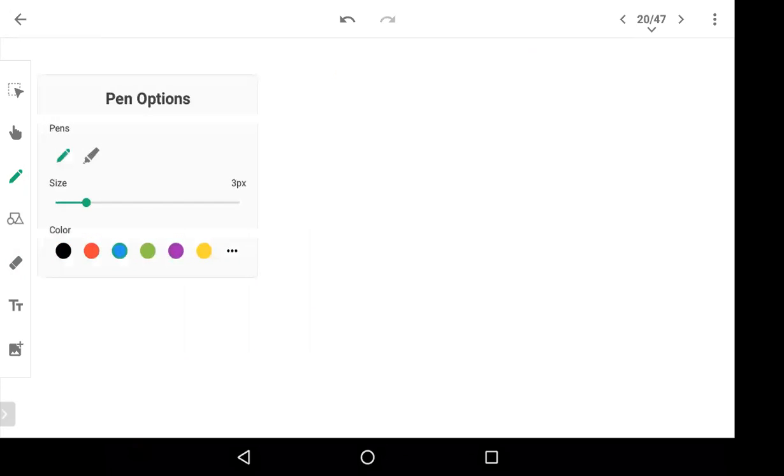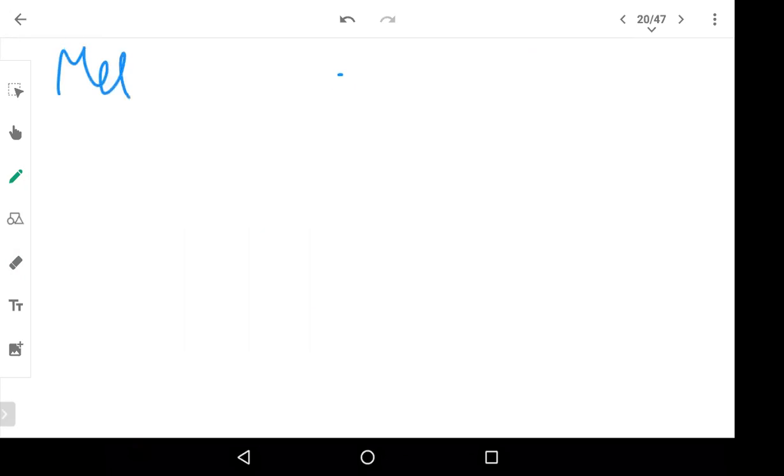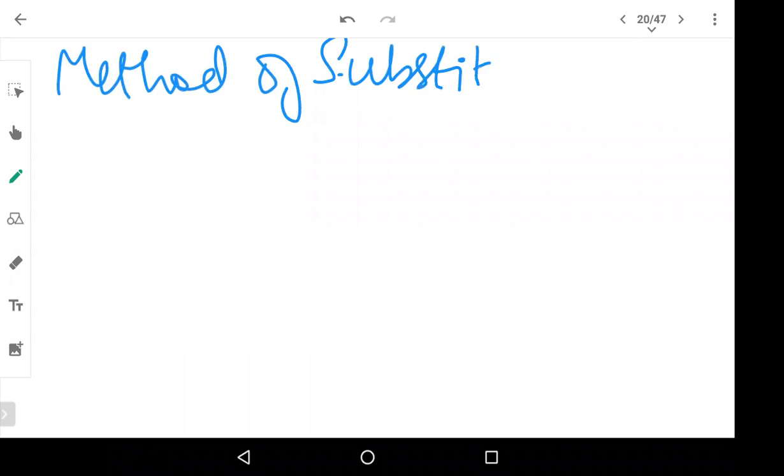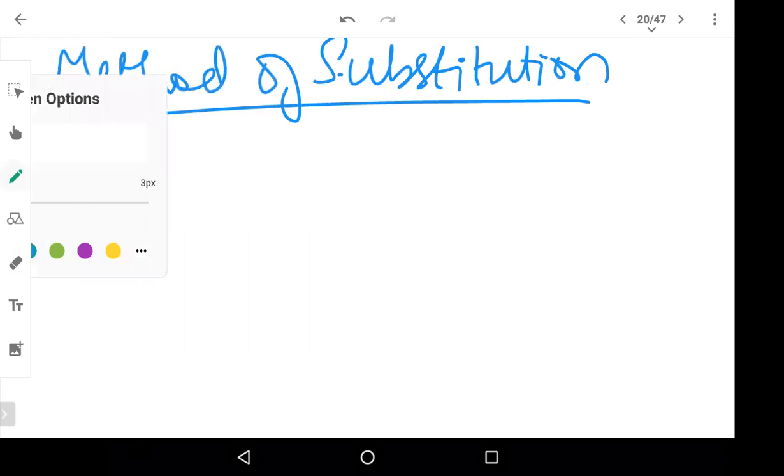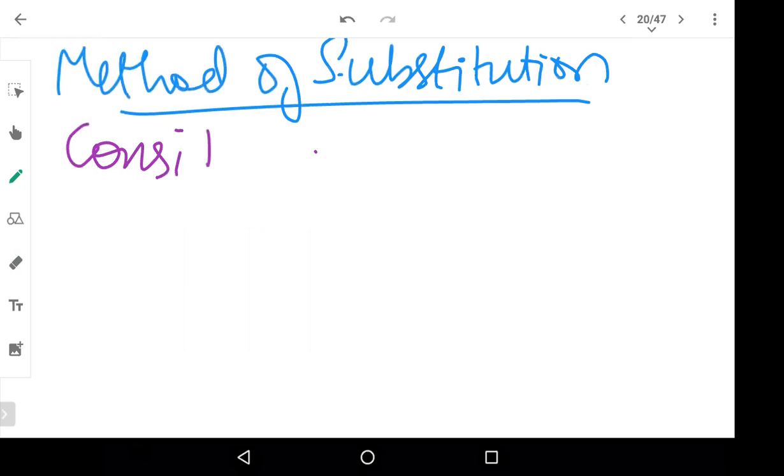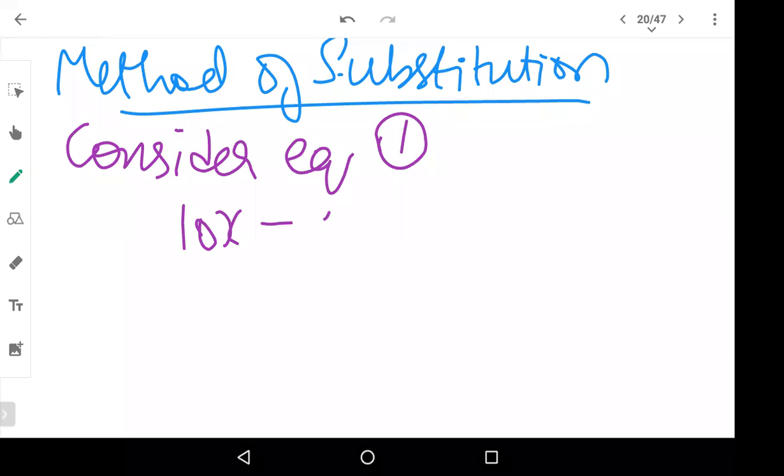So next is going to be method of substitution. In method of substitution, firstly, we consider equation 1, that is 10x minus 9y is equal to 12, and let us derive x out of this.